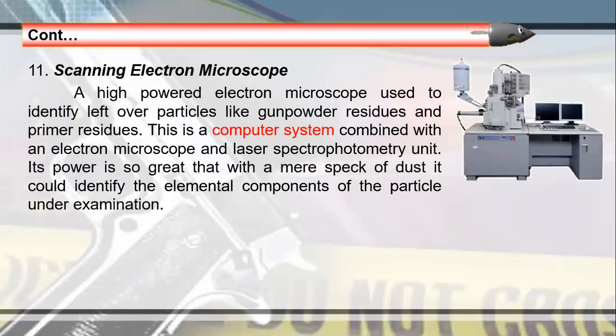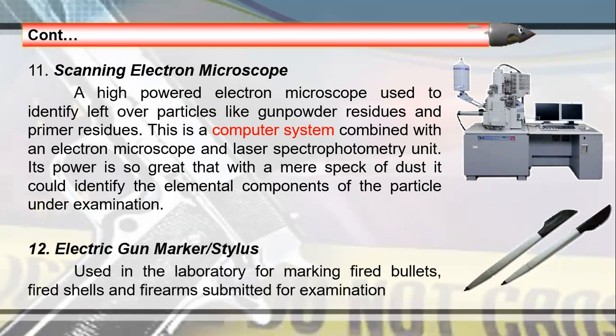Next, scanning electron microscope. Ito ay isang computer system na ini-scan niya yung barrel para ma-assess niya kung gaano katagal last na pumutok itong barrel na ito. Although sa chemistry talaga ito nire-require, pero pwede natin gamitin ito sa gunpowder residue analysis. Electric gun marker or stylus, ginagamit pang sulat para magkaroon ng markings ang specimen.